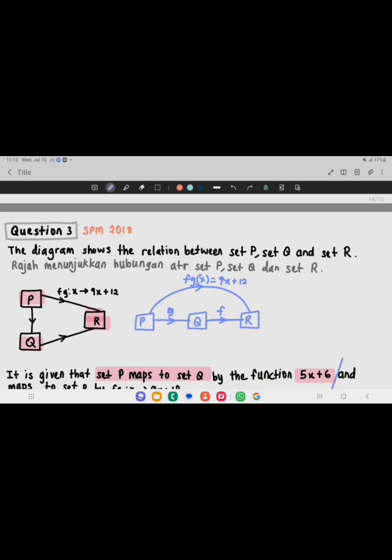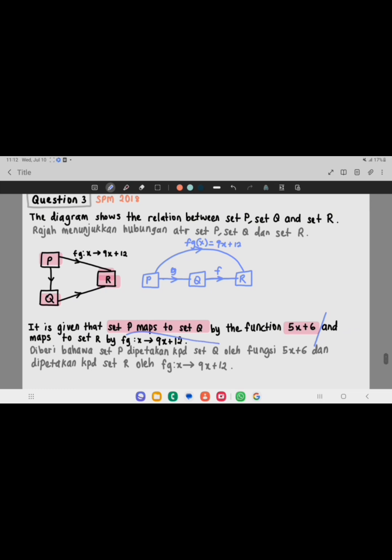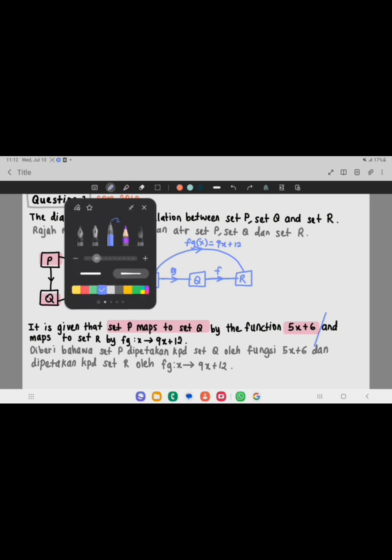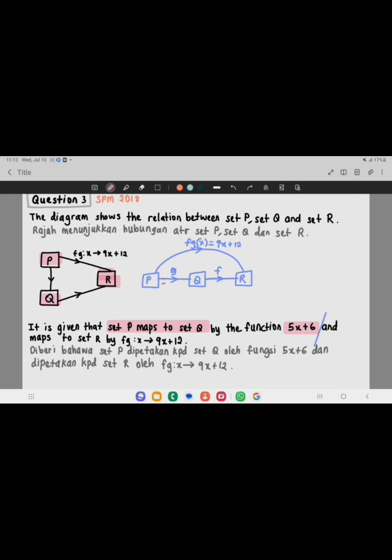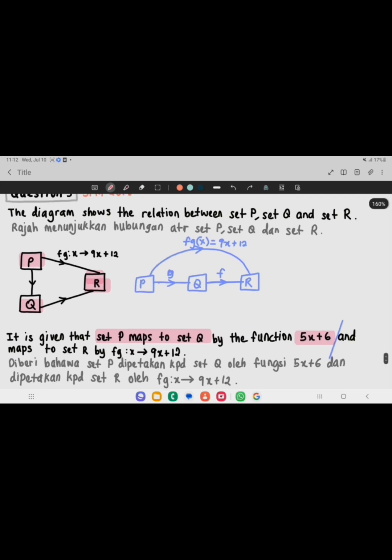Now, set P maps to set Q by the function 5x plus 6. So tell me first, set P maps to set Q is actually what function? It's written there, right? It's g. So it means that this 5x plus 6 is the equation for your function g.